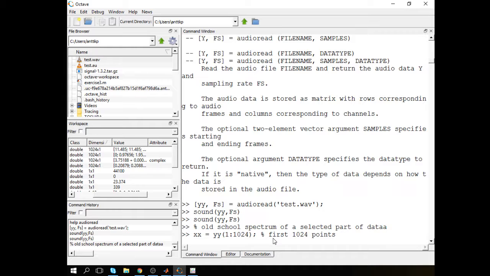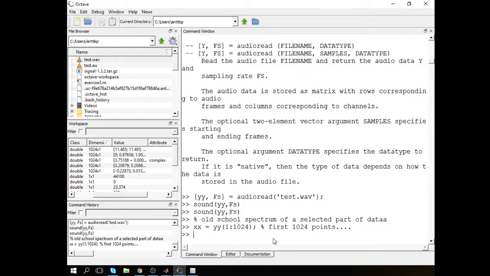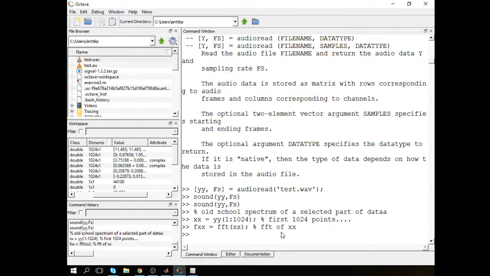You can get the value for the last point by asking the length of the data, and then do some calculus. Then I can do the fast Fourier transformation of x. There we go. So that's just FFT of x, which is a complex number.